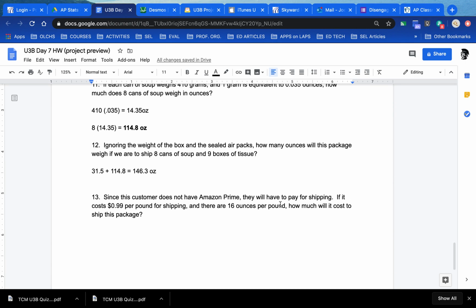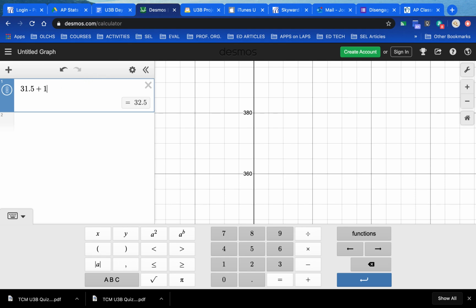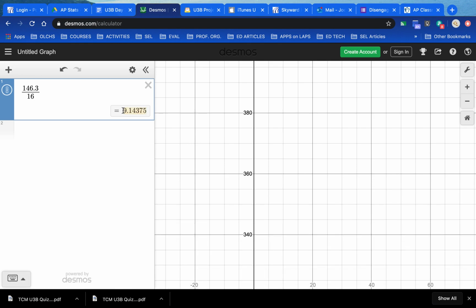And then this very last part, it says it costs 99 cents per pound. There are 16 ounces in a pound. Whew! So we'd have to take 146.3, divide it by 16 to figure out how many pounds that is. So 146.3 divided by 16, 9.14375 pounds.